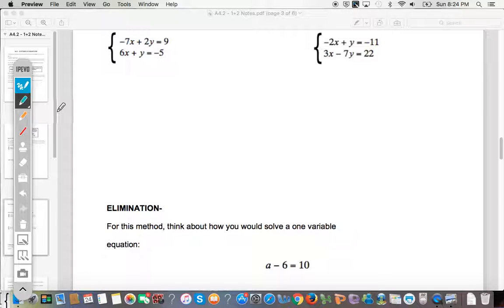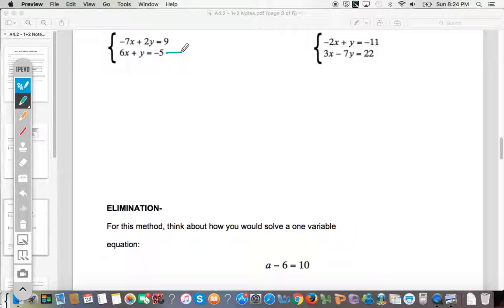So I'm going to try to look for a variable that has a coefficient of 1 or negative 1.